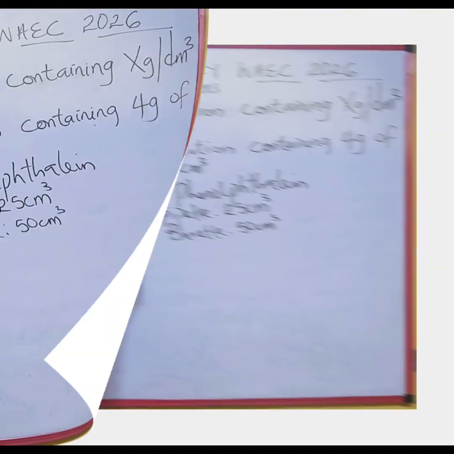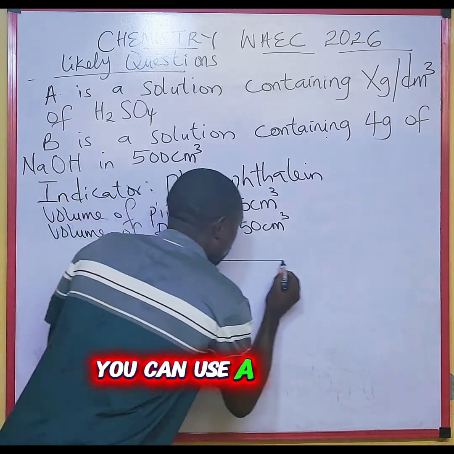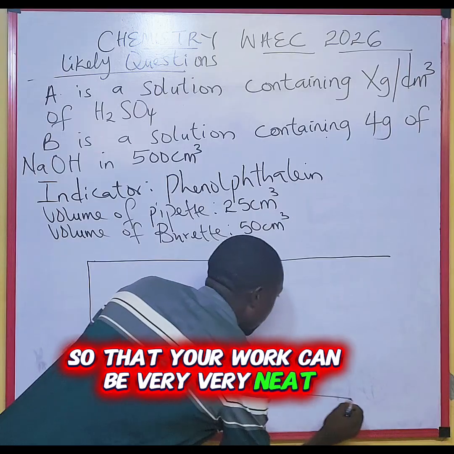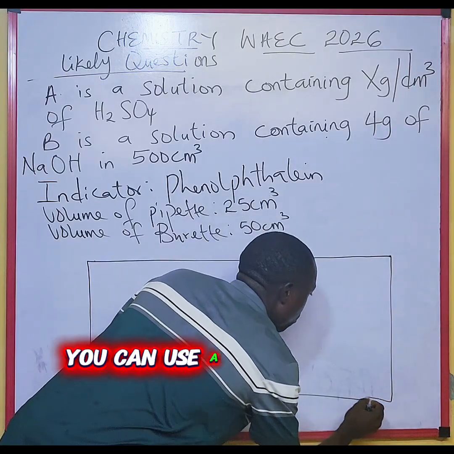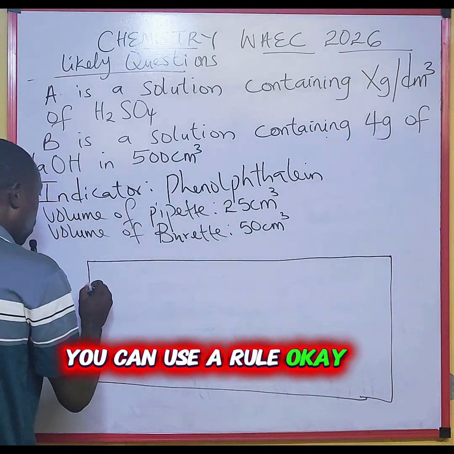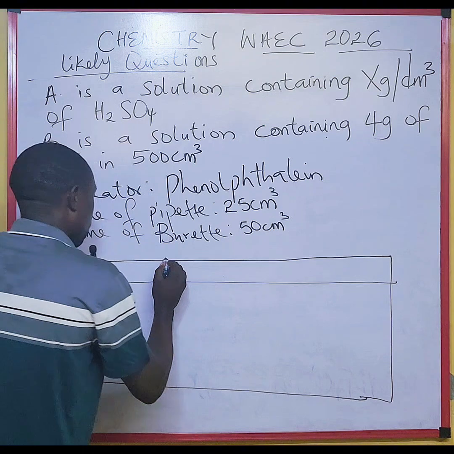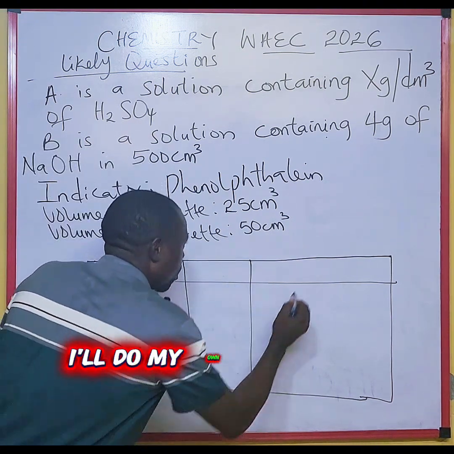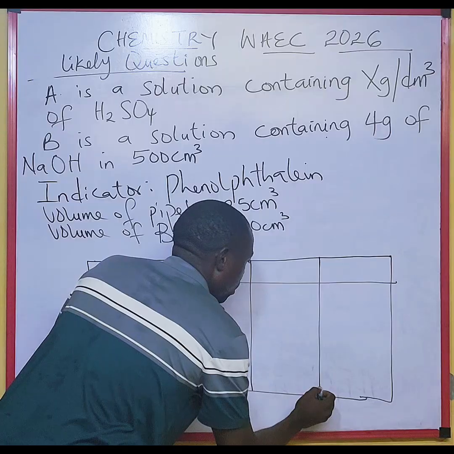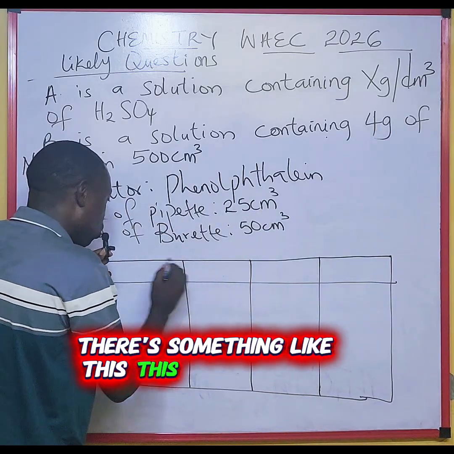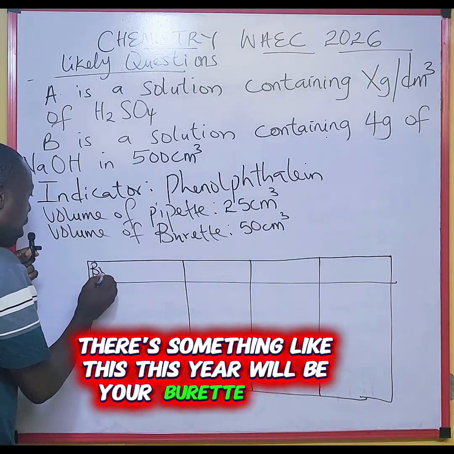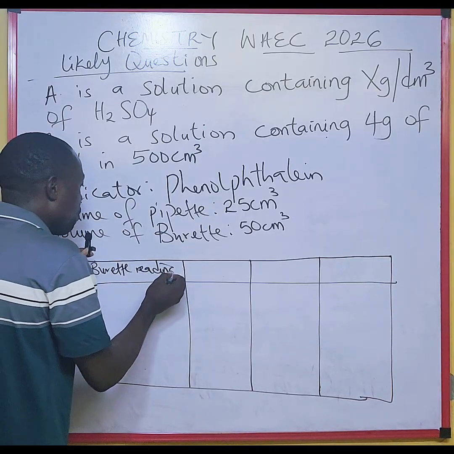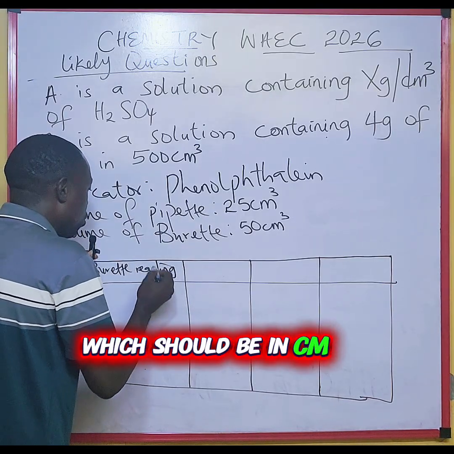So in the table here, you can use a rule so that your work can be very, very neat. Use a rule. Okay, come here like this. This here will be your burette readings, which should be in cm cube.